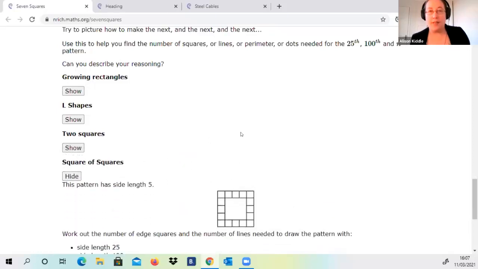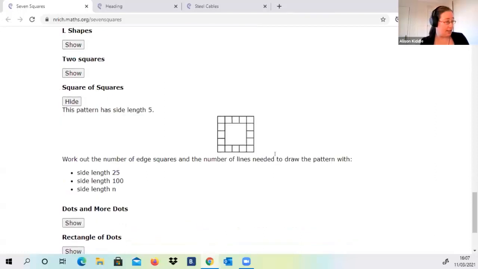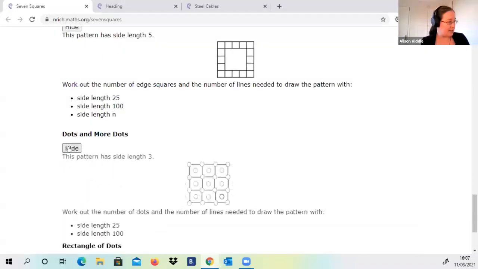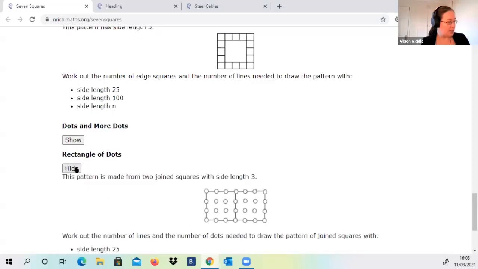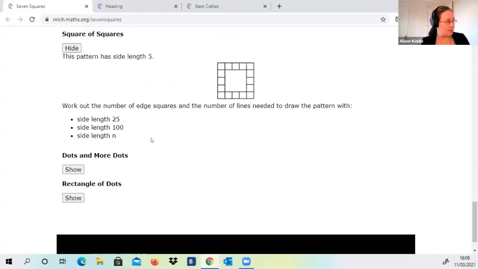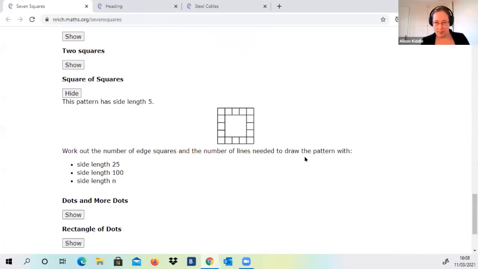If this problem captures your imagination, there are lots more aspects to it than what we're going to look at during today's session. There's dots and more dots, and there's the rectangle of dots at the bottom. But this is the one that we're particularly interested in, this square of squares pattern. So I'm just going to give everybody a chance to have a look at that and to read through what the question says.